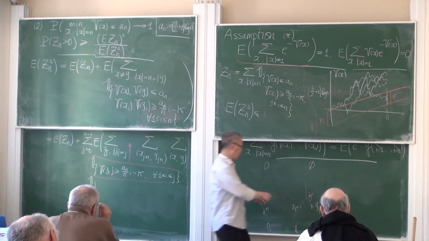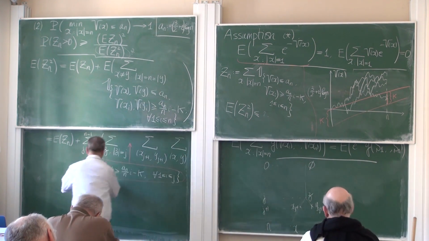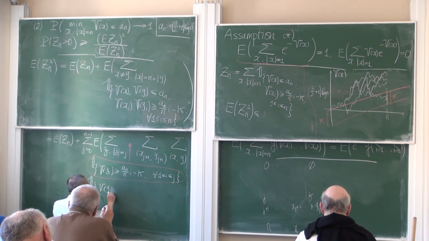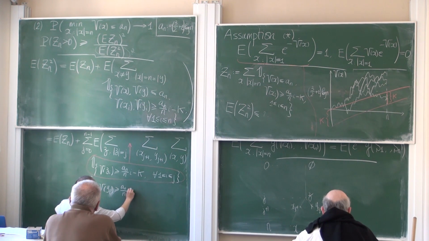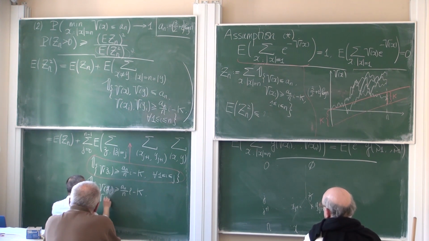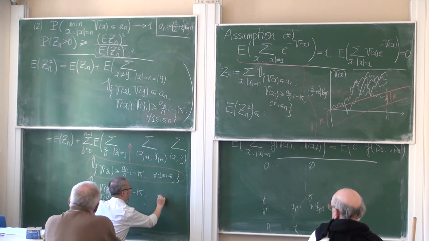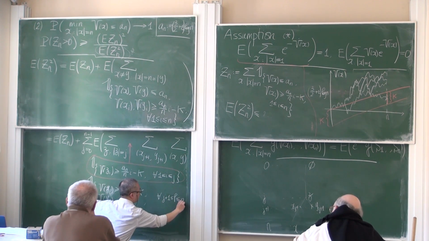Now I write everything starting from j plus 1 until n. So the same story: V of y_{j+L} is greater than a_n over n times L minus k, and the same for x_L and y_L, for all L starting from j plus 1 to n.